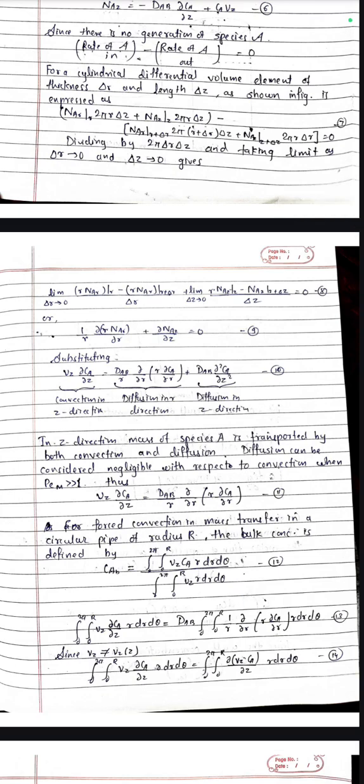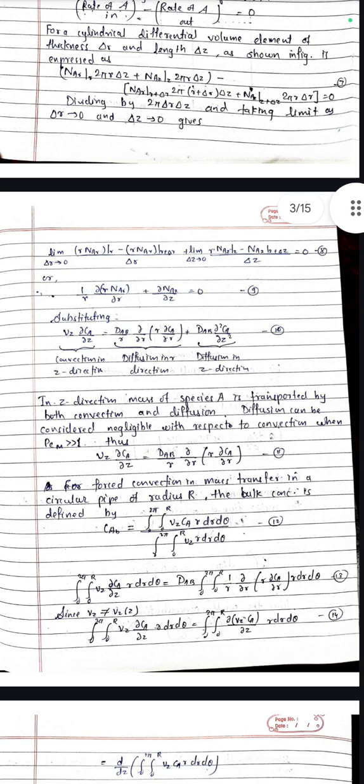The bulk concentration CAB is defined as the double integration of Vz CA R dr d theta divided by the double integration of Vz R dr d theta.